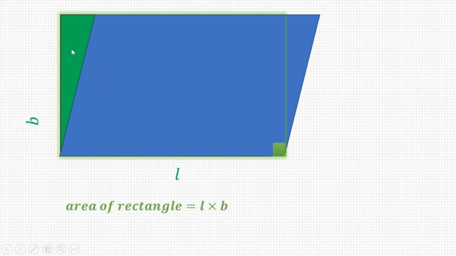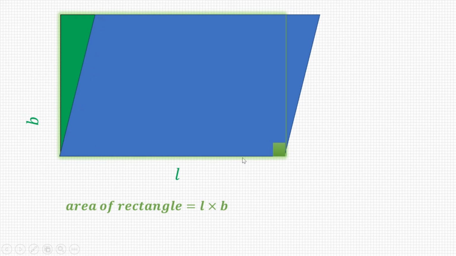But as this area is equal to area of parallelogram, that means the area of this parallelogram is also L into B. But what is this L of this parallelogram? And what is this B of the parallelogram? We cannot say that the area of parallelogram is L into B. Because what is L of the parallelogram? What is B of the parallelogram?